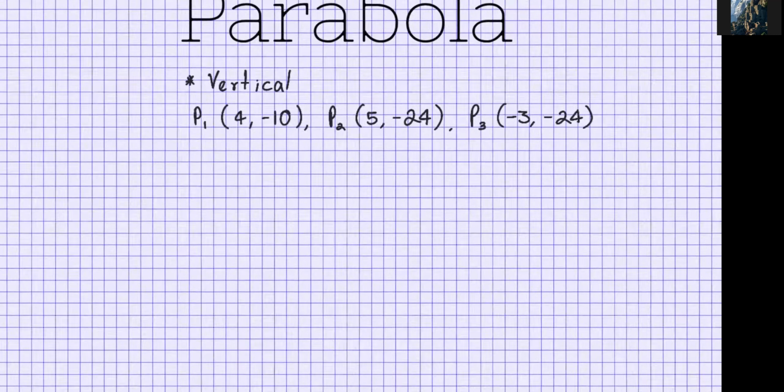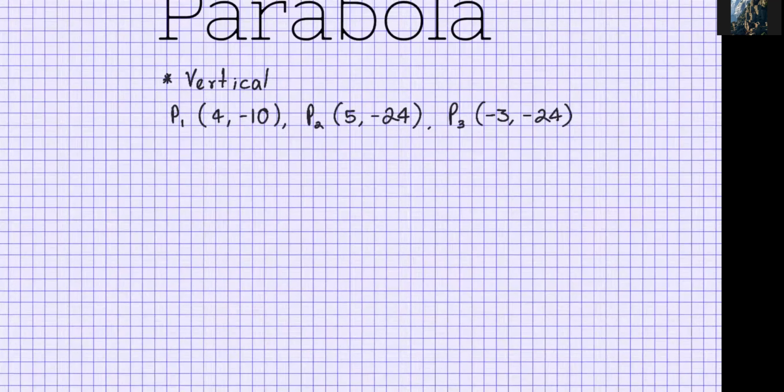Now, the idea in here is to use these 3 points in our equation. In this case, if it's vertical, we have that y equals a times x minus h squared plus k.